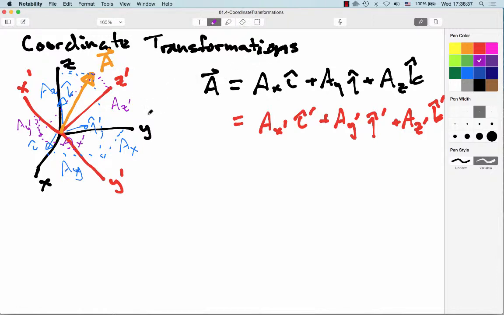And similarly, our unit vectors here, this would be my i hat prime, that would be my j hat prime, and this would be my k hat prime. Okay.